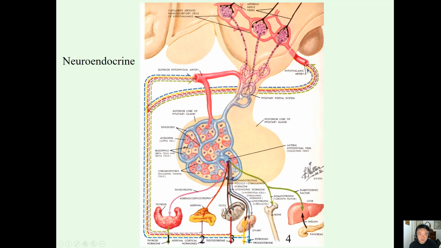Then those neuromodulators through the portal venous system regulate those glandular structures.